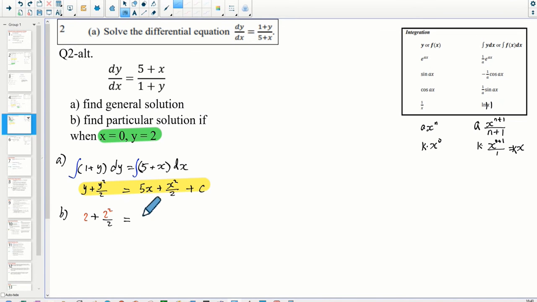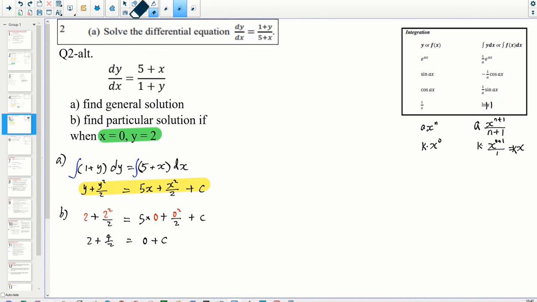That should equal, x equals 0, so 5 times 0 plus 0 squared. I'm just writing it down meticulously, but as you can probably see, the whole of the thing involving x will be 0 because x is 0. But let's just be very methodical about it. Plus c.